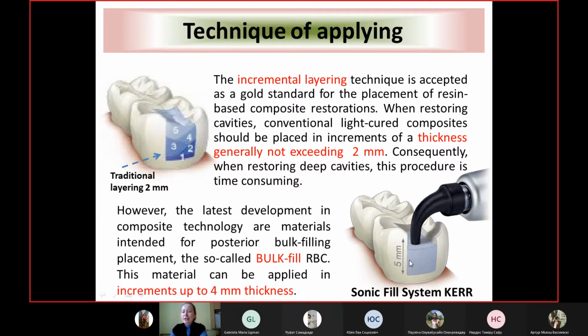They advertise that even 5 millimeters would be appropriately polymerized and with a shrinkage not more than for conventional light curing composites. They claim actually that shrinkage won't be bigger, would be the same.